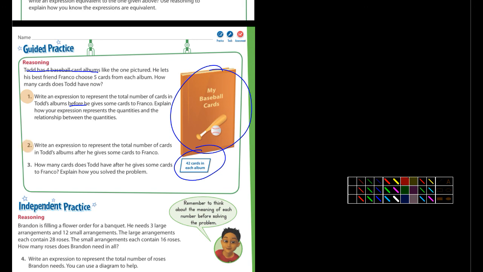Write an expression to represent the total number of cards in Todd's albums after he gives some cards to Franco. You can do that one. And number 3 here. How many cards does Todd have after he gives some cards to Franco? Well, we kind of answered that one up above. Wait, did we? Yeah, that's silly. Actually, you don't need to do number 3. I'm going to cross that one out because that's really answered.